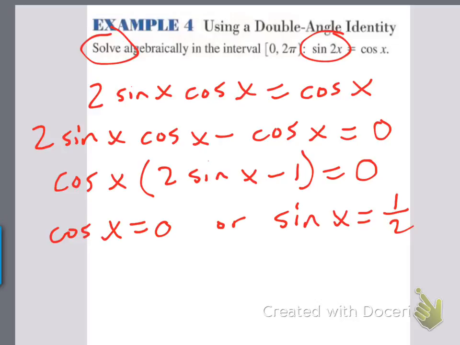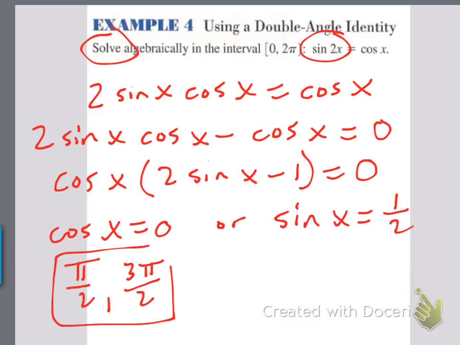Now, cosine is 0 at pi over 2 and 3 pi over 2.